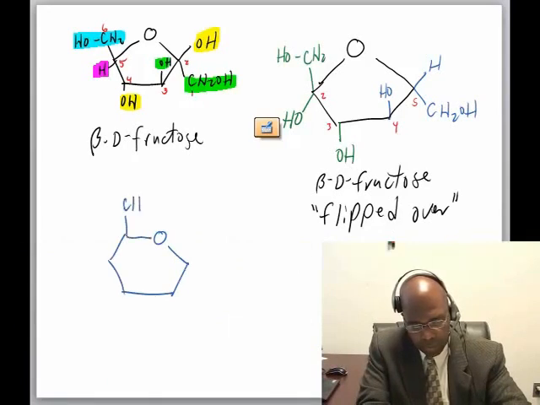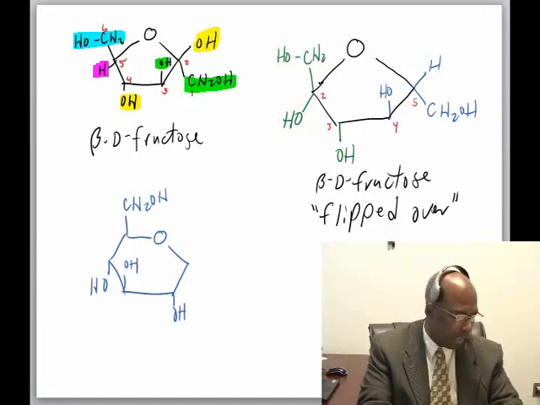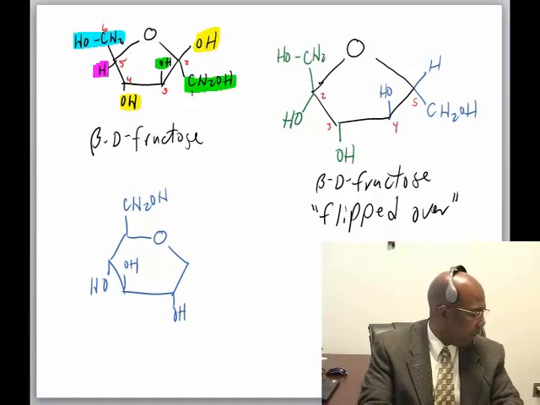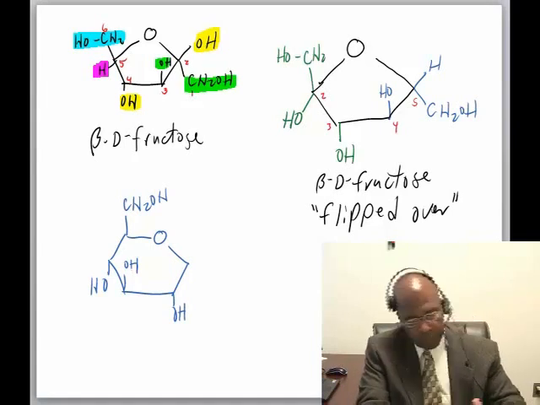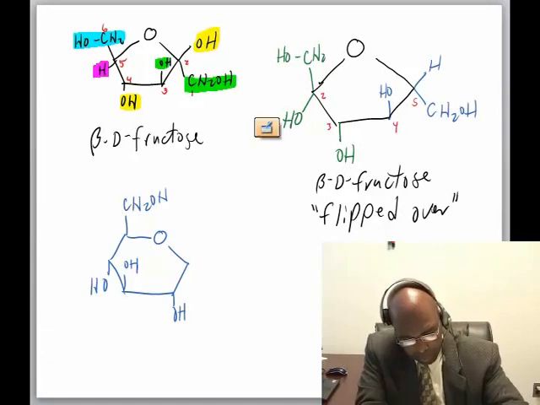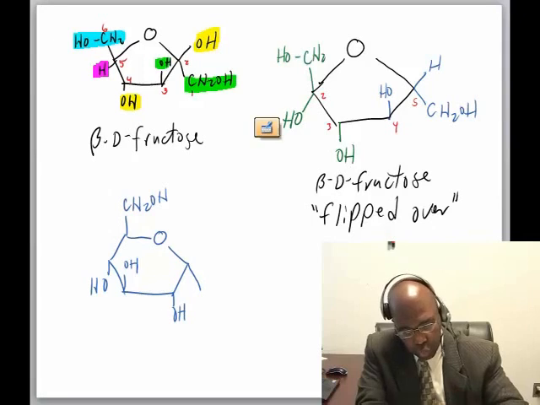And then there's 6 CH2OH up, down, up, down. And on this one, I'm going to go ahead and make the bond. Go straight to the bond. The bond from glucose is going to be alpha. Okay, so I'm going to go down here. It's going to be an alpha 1, 2.